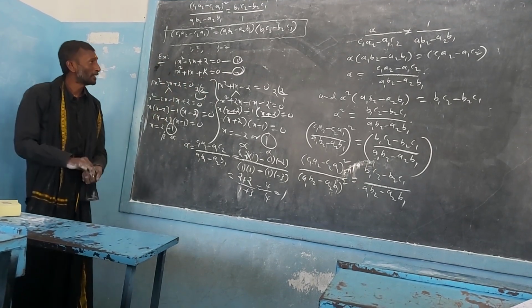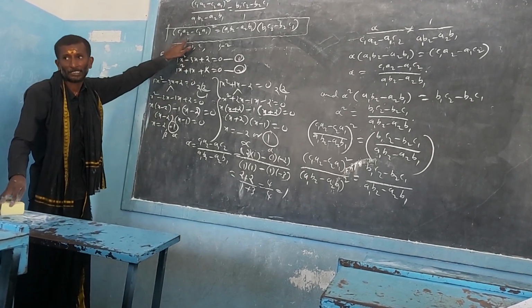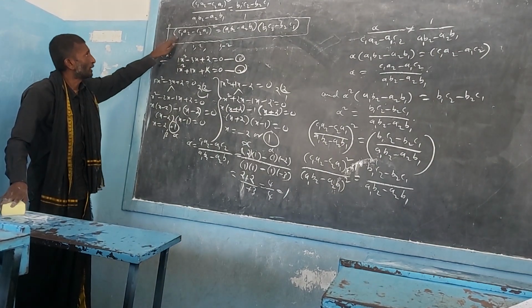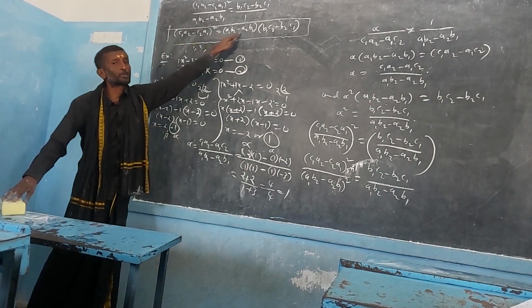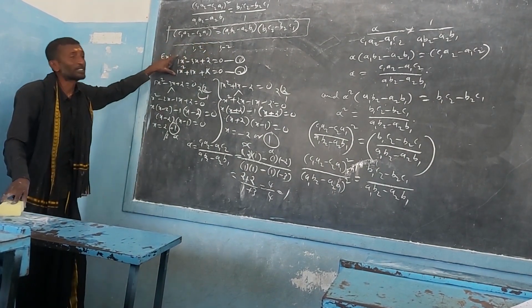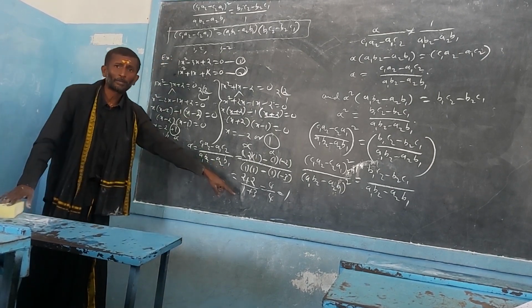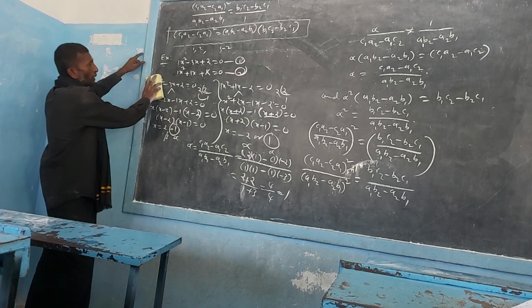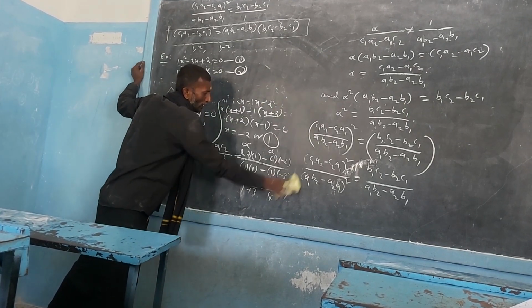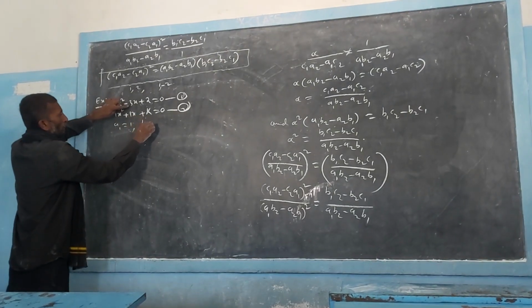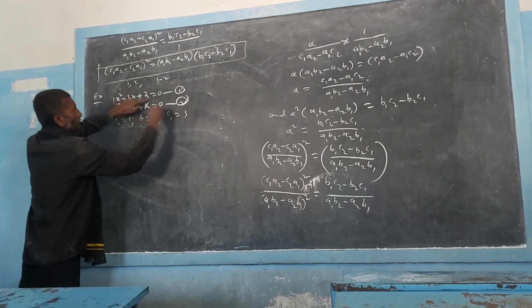In that sense, we will go to this condition. Already I said, if this condition holds true, then both the equations have a common root. If I want to find the common root, we can use this formula. Instead of finding the common root, now I aim to find only the value of k, where b1 is −3 and c1 is 3.